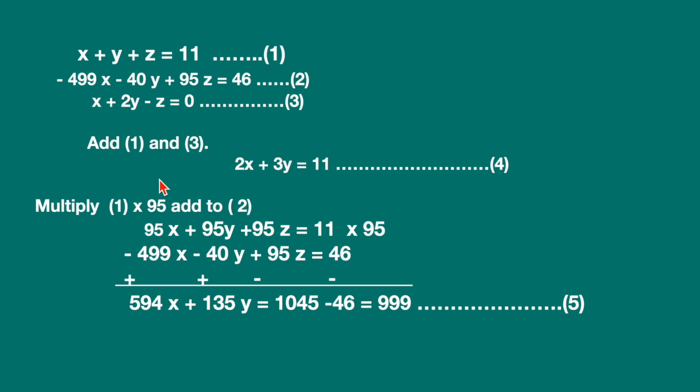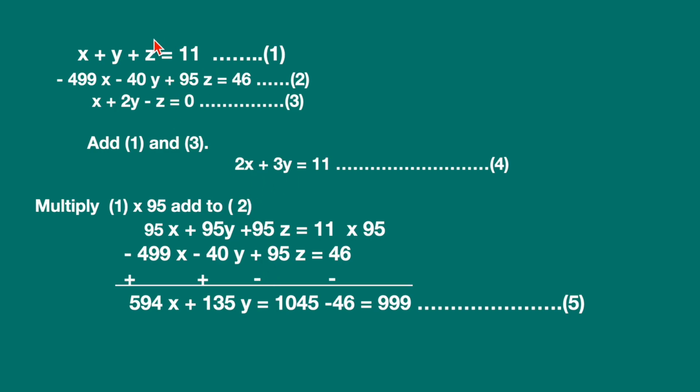Do not eliminate any other variable, because the new equation has to have only x and y. The same way, the next equation that we are going to get also should have only x and y.